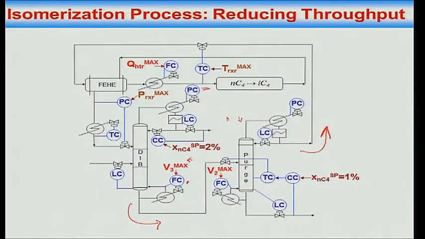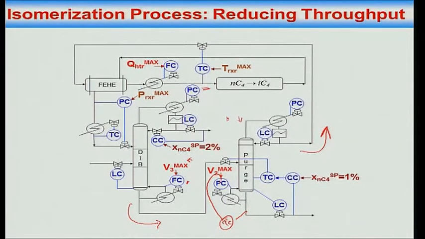Is that acceptable? Will the plant still be operable? Let us say I was using V3 max or V2 max to control impurity in the bottoms. Let us say I was doing the conventional stuff. Would this be acceptable when V3 hits max?